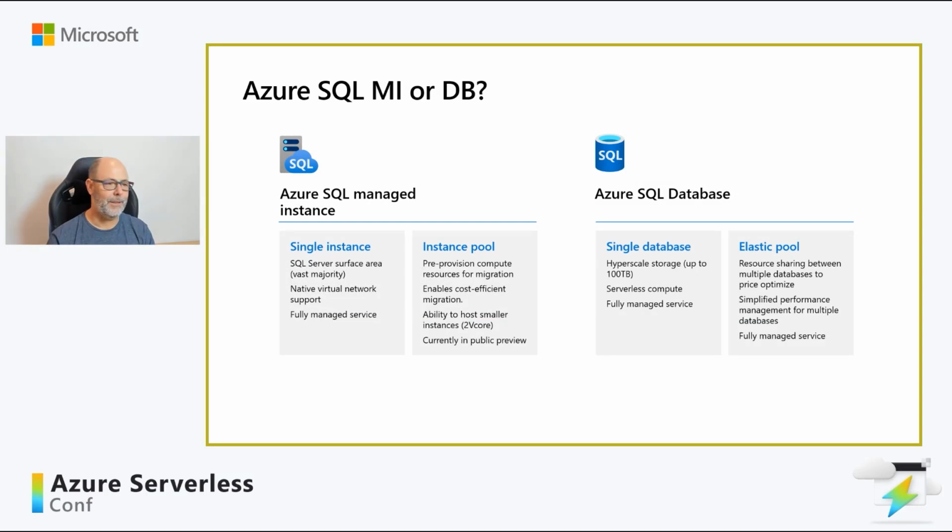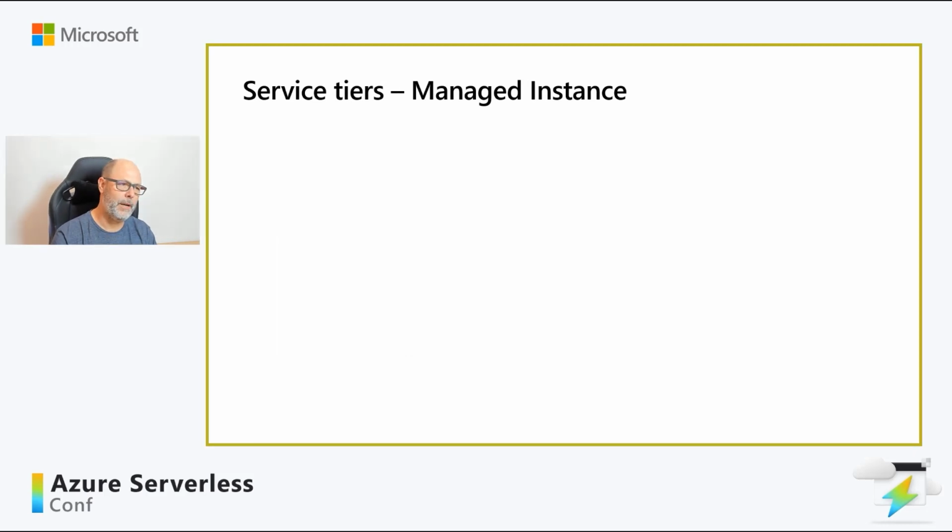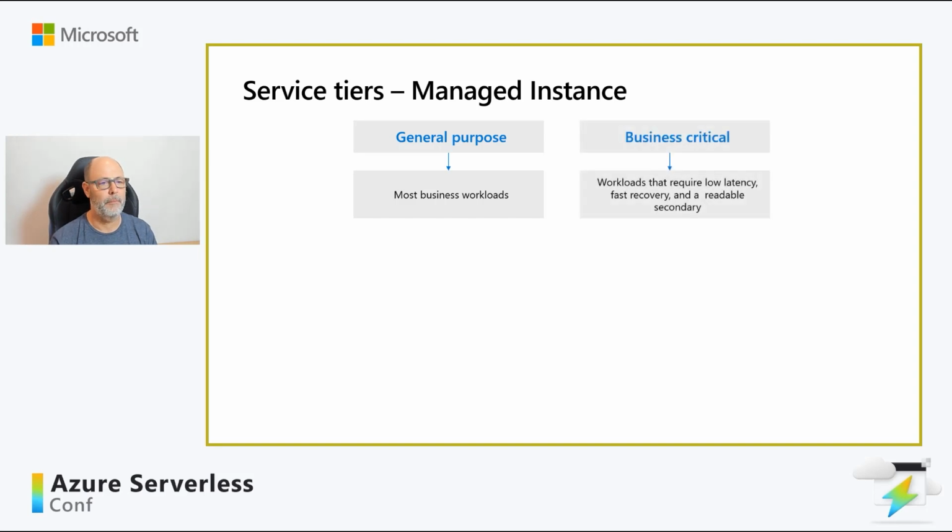Then we have to choose, depending on our need, which one we use, managed instance or Azure SQL Database, depending on the application type that we are dealing with. So if we focus for a minute on managed instance, there are mainly two tiers: general purpose and business critical.